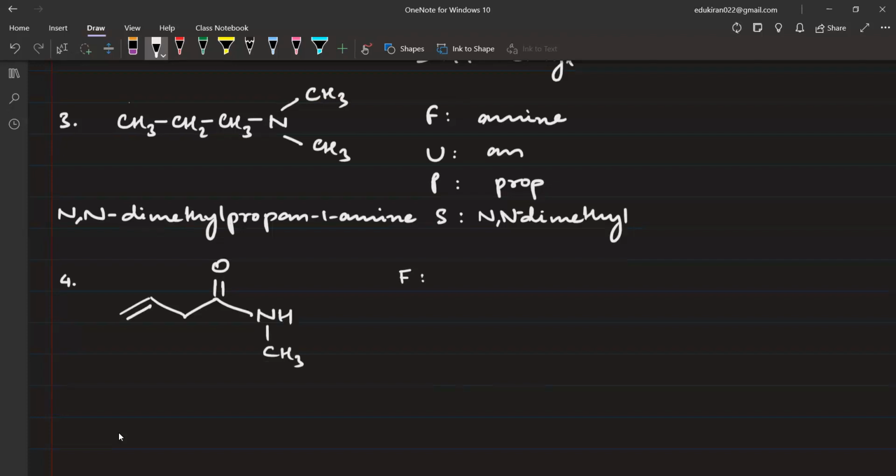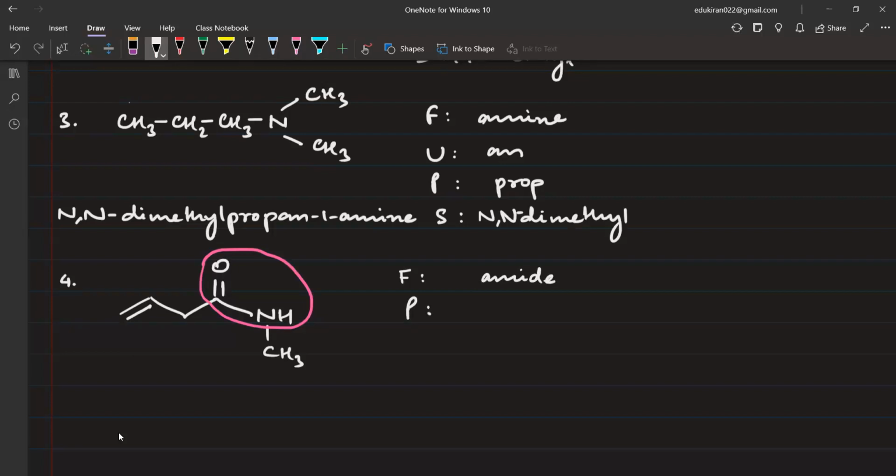C double bond O. Whenever you have C double bond O, you have to focus there and look right and left. On the right, we have just carbon atoms, so no worries. On the left side, we have a carbon atom, and on the right side, we have nitrogen. So this part here is the functional group amide.